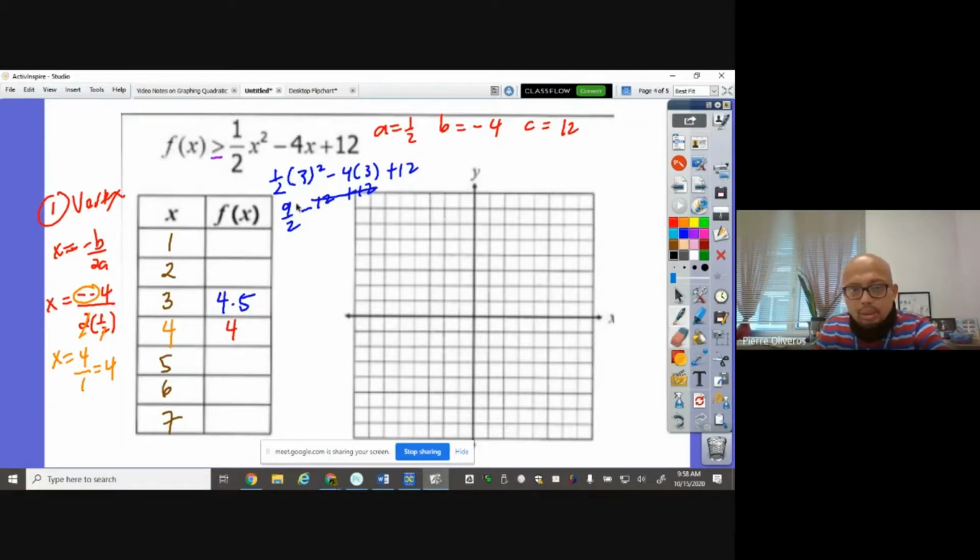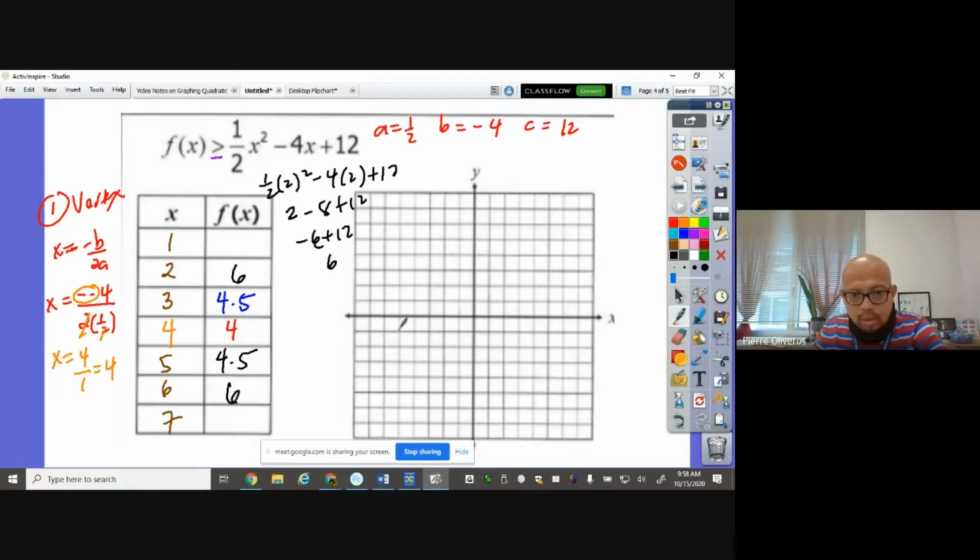Now you plug in the 2. Before I plug in the 2, if that's 4.5, I know this is also 4.5. So 1 half 2 squared minus 4 times 2 plus 12. 2 squared is 4. 4 times half is 2. Minus 8 plus 12. 2 minus 8 is negative 6 plus 12. That will give me a 6.